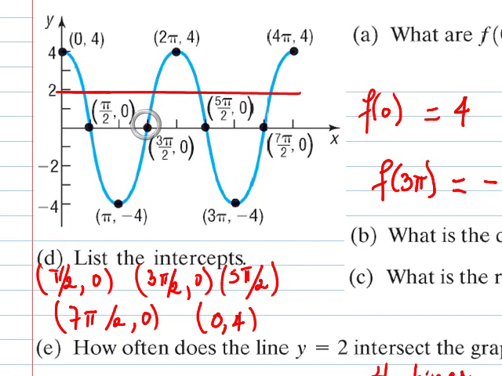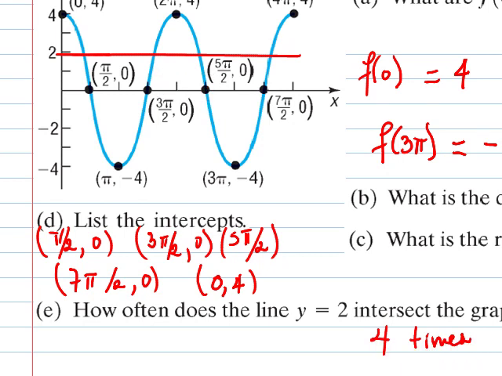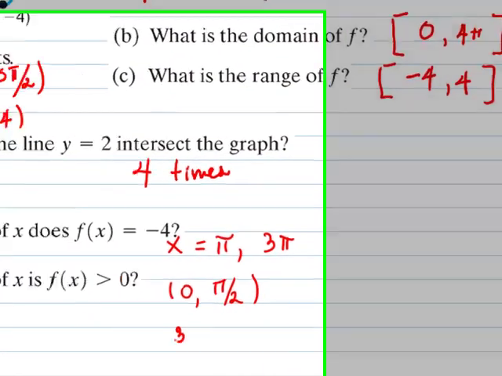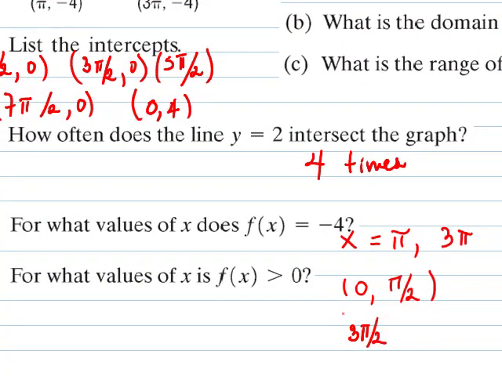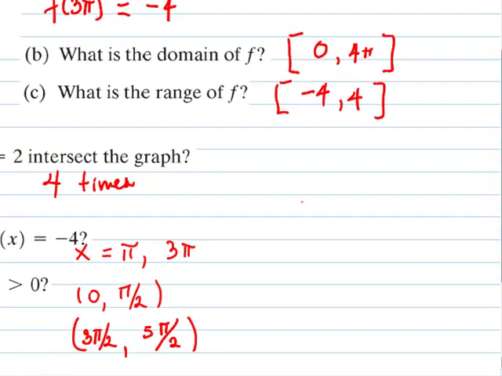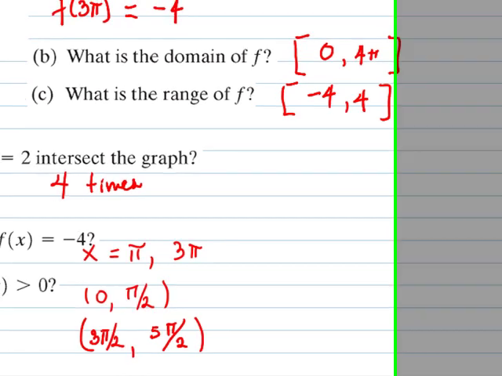From 3 pi over 2, this piece right here, to 5 pi over 2, for all the x values here, our y is also greater than 0. So our answer also includes the interval 3 pi over 2 through 5 pi over 2. From this x value to this x value, our y is all greater than 0.